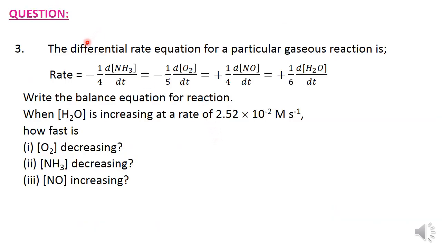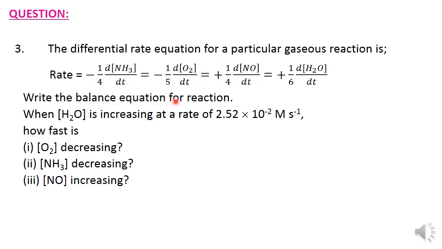Question number 3 is still about the relationship between the rate for the decreasing of reactants and the increasing of product, but now it is given in the form of a differential rate equation. The question is, the differential rate equation for a particular gaseous reaction is given.